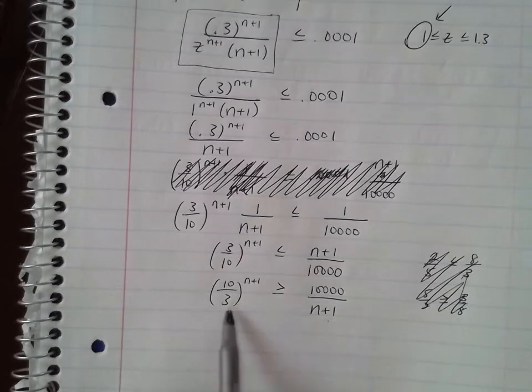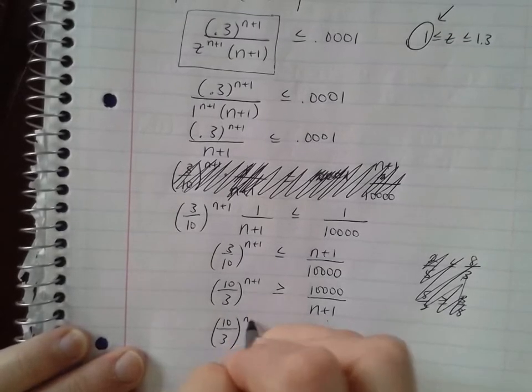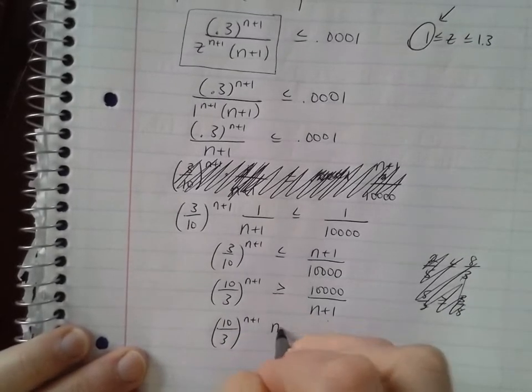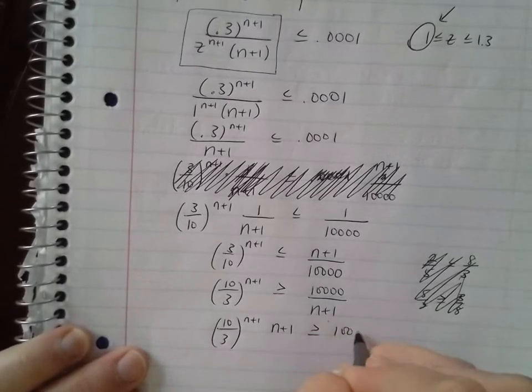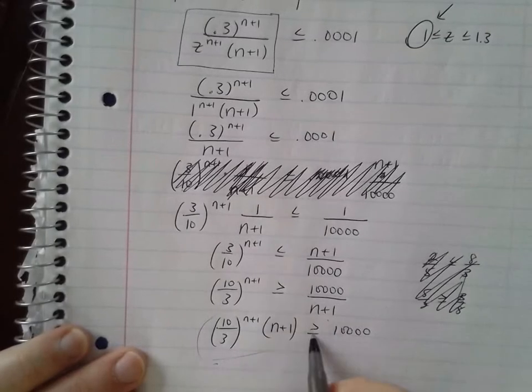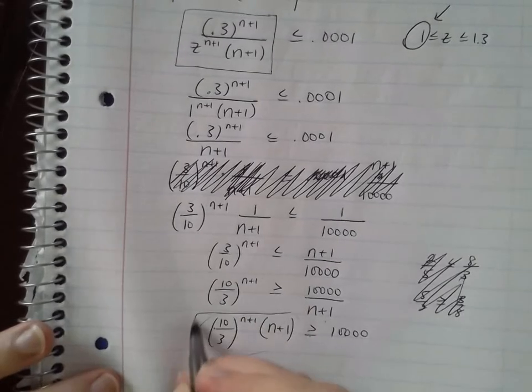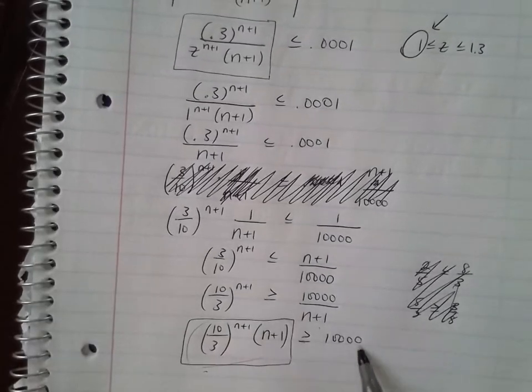Okay, I guess all of this stuff is kind of irrelevant in that case because what's happening is that we need all of this to be greater than or equal to 10,000, right? The only way that that will work, well, plug in some numbers for n. Now that everything's on one side, plug in some numbers for n until we get to a number that's greater than or equal to 10,000.